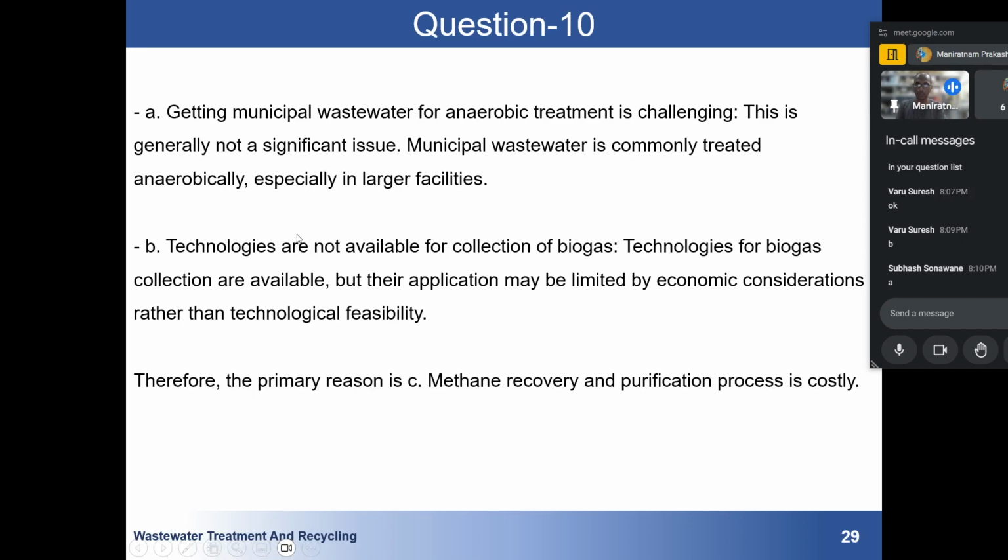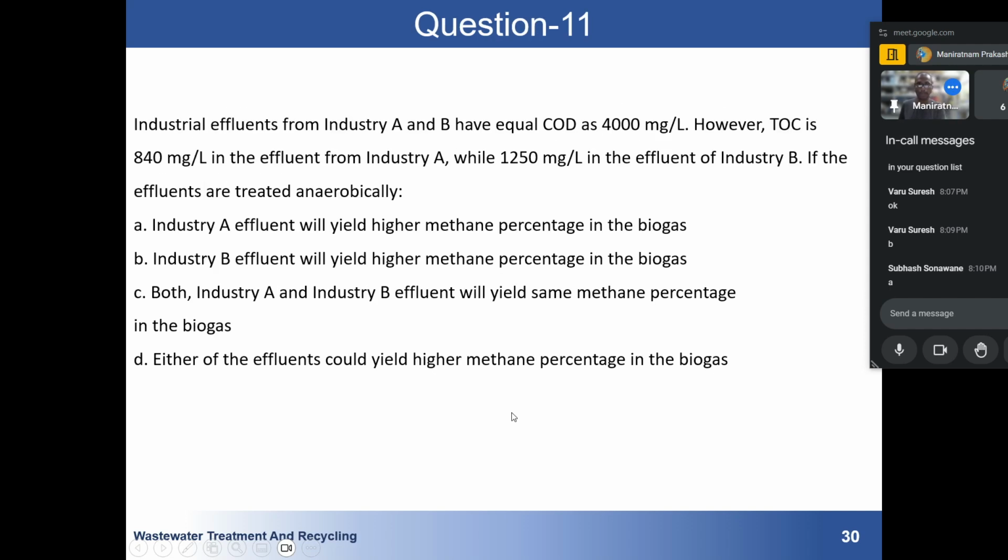Getting municipal wastewater for anaerobic treatment is generally not a significant issue. Municipal wastewater is commonly treated anaerobically, especially in larger facilities. The technology for biogas is available, but its application may be limited by economic considerations rather than technological feasibility. Therefore, the correct reason is C: methane recovery and purification is costly.